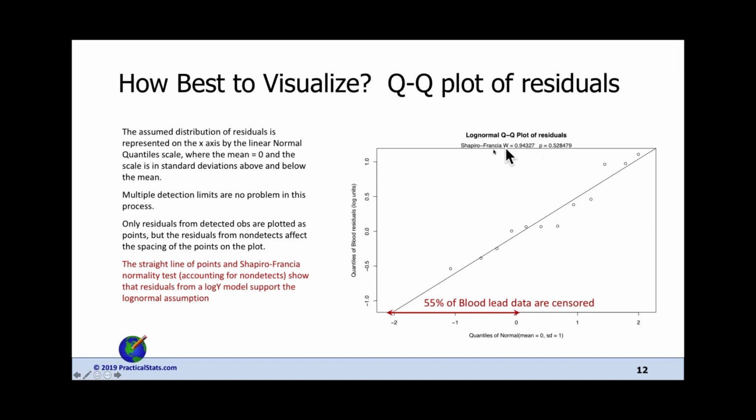There's also a test, the Shapiro-Francia test, which is very close to an R² for this plot. And you can see that's fairly high. If it were 1 exactly, this would say this is a perfect fit to this distribution, which is a log normal distribution. 0.94 is pretty close to that. This p-value is saying the null hypothesis is it fits this distribution nicely, and then we have no reason to reject that.